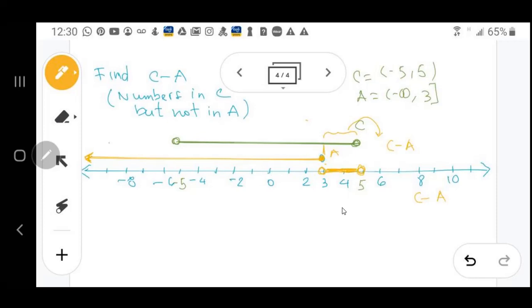And now let me take care of the interval notation, that will be from 3 to 5 without including any of these values. And also the inequality notation, that will be all the x values that are between 3 and 5 without actually including 3 or 5.